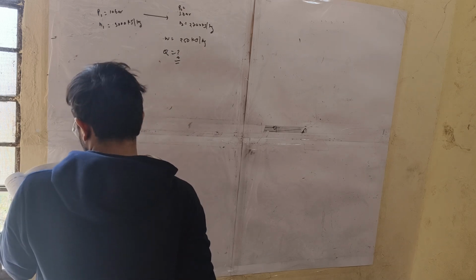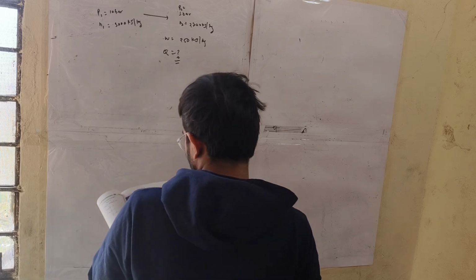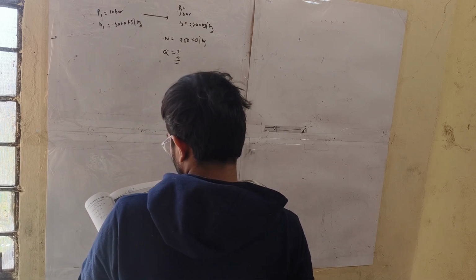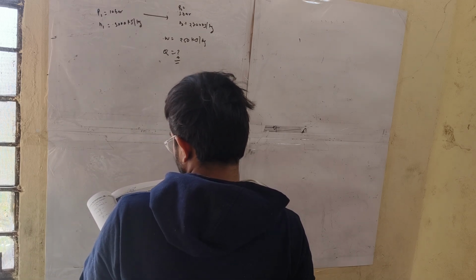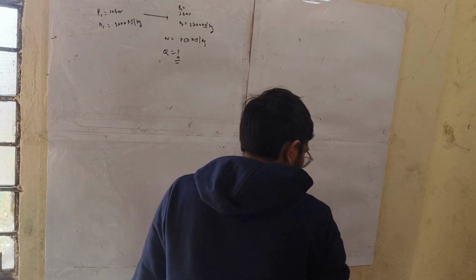Basically, the steam turbine receives steam at steady state at 10 bar with this enthalpy, discharges at 1 bar with this enthalpy, the work output is this, and the changes in kinetic and potential energy are negligible.